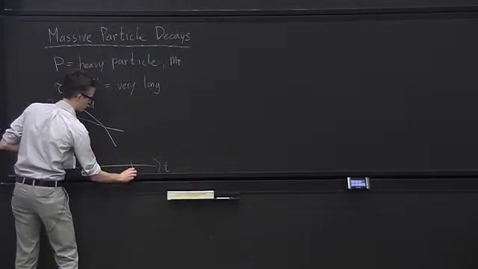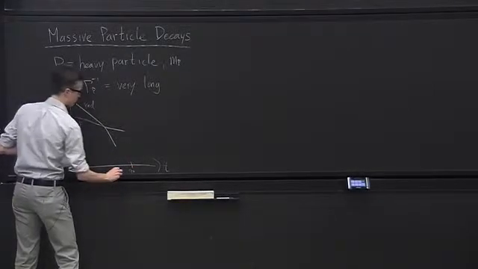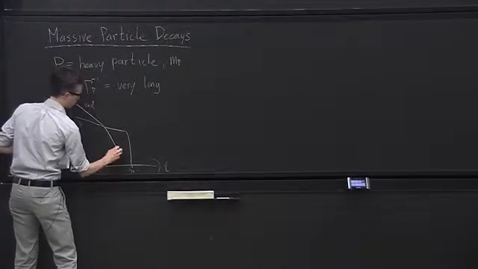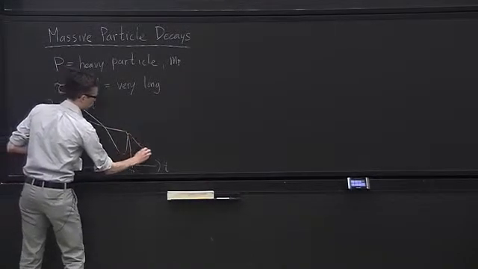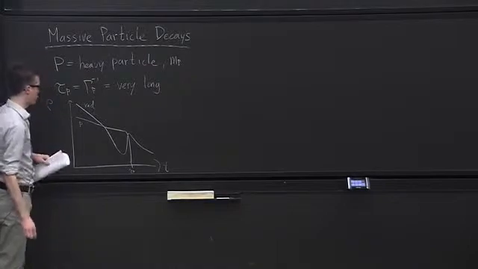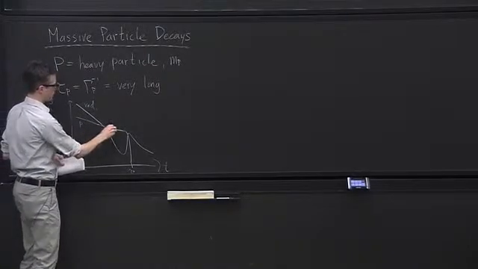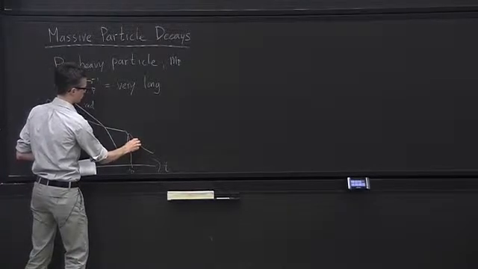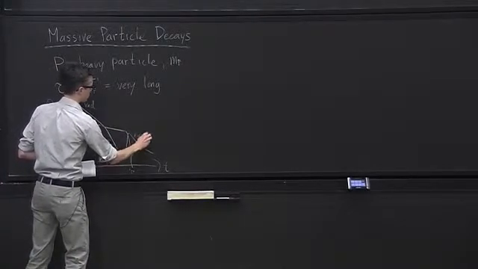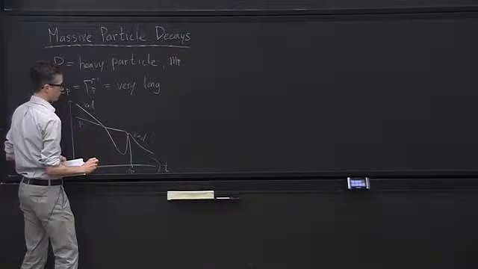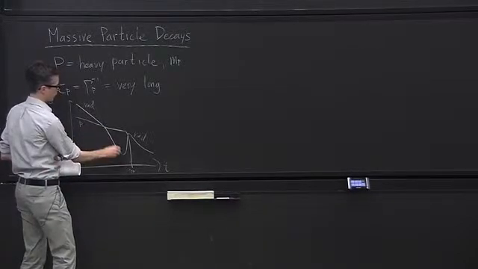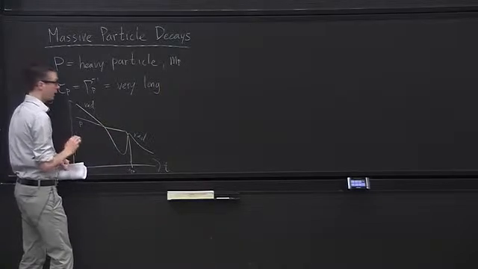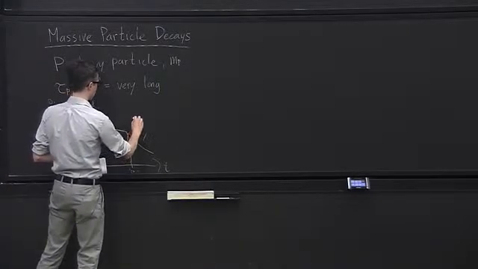So at some point corresponding to the lifetime, the energy density in P particles decays, and the energy density in radiation jumps up. And I transition from a phase where I'm matter dominated by P to a different phase where now I'm radiation dominated again. And I've gone from what's effectively a very low temperature to a much higher temperature because of the P decay. And this process is called reheating.